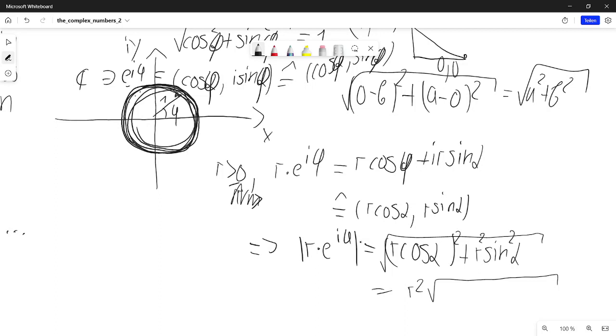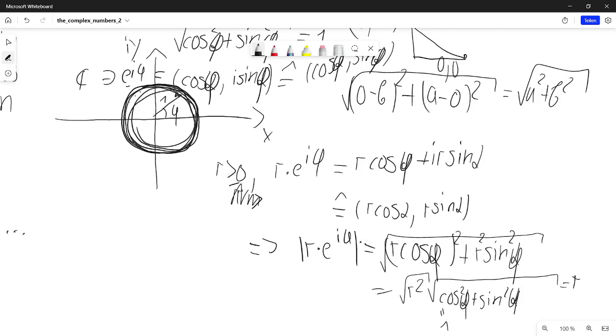There's no problem with that. And you know that this is bigger or equal 0. So this is 1, and this is just r.